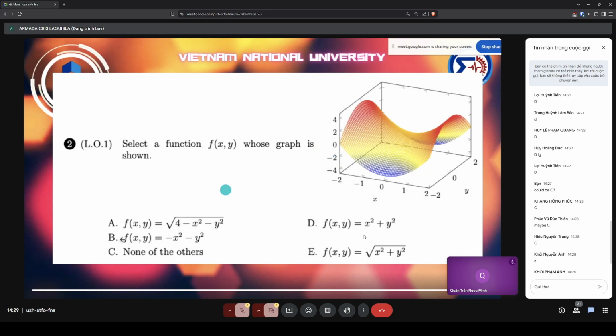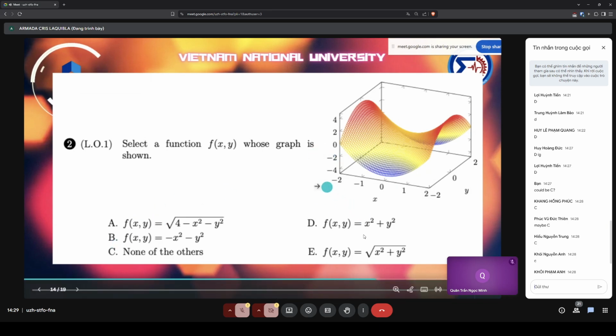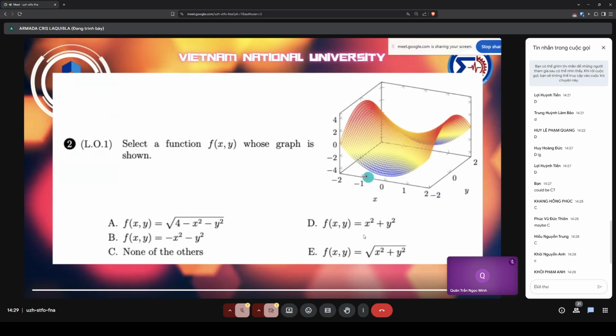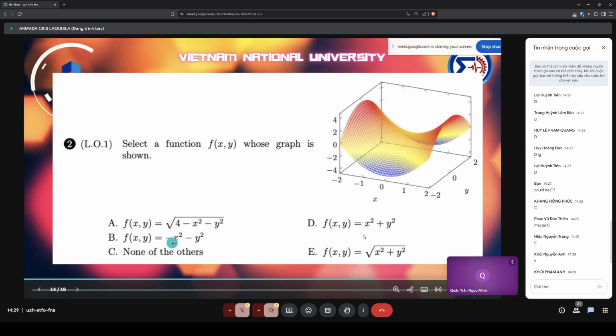So 0 is your f of xy, the -2 is your x, and your y there is -2 at this point. Now you substitute it here. If this is -2 squared, your y also is -2 squared. So that's 4 minus 4 minus 4, a square root of -4. So it's an error in the calculator. So A is wrong. Next is B. Again, the f of xy is 0.